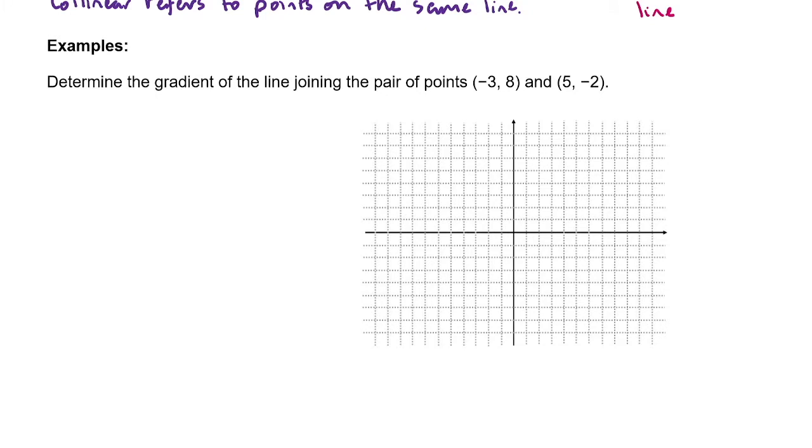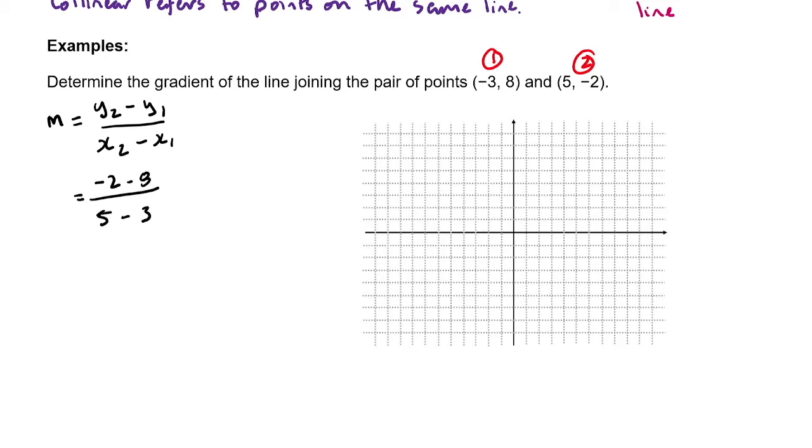First thing I need to do is determine which of those points is going to be the first point and which is going to be the second point. Easiest way to do it, 1 and 2. I'm going to set up my algebra. So I've got my formula there ready to go. Now I need -2 minus 8, and then I'm going to have 5 minus -3.